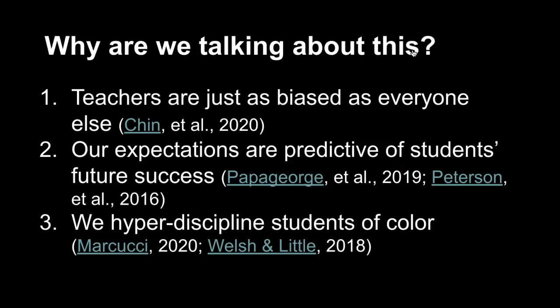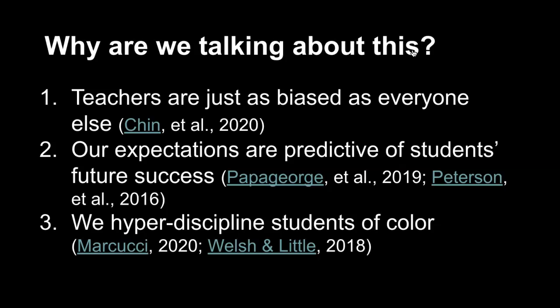So put another way, our own impressions, which are rooted in bias, of a student's academic potential are positively correlated to their actual educational attainment. So as Peterson, the lead author on one of the studies that I've hyperlinked here, puts it, students in their study benefited most academically when their teachers' implicit biases favored the ethnic group to which the student belonged.